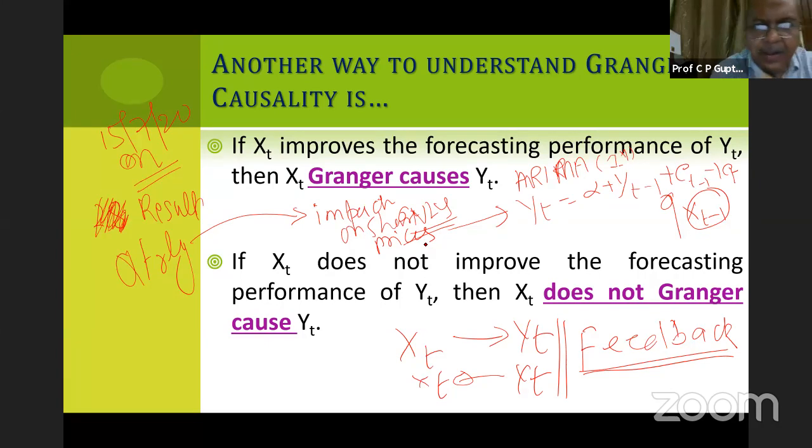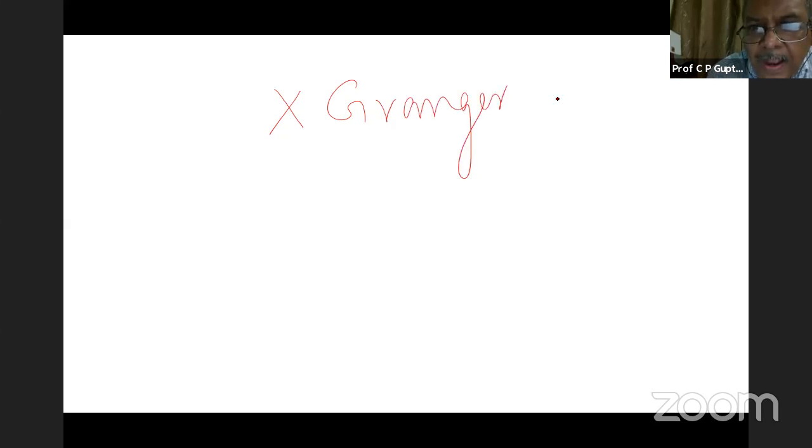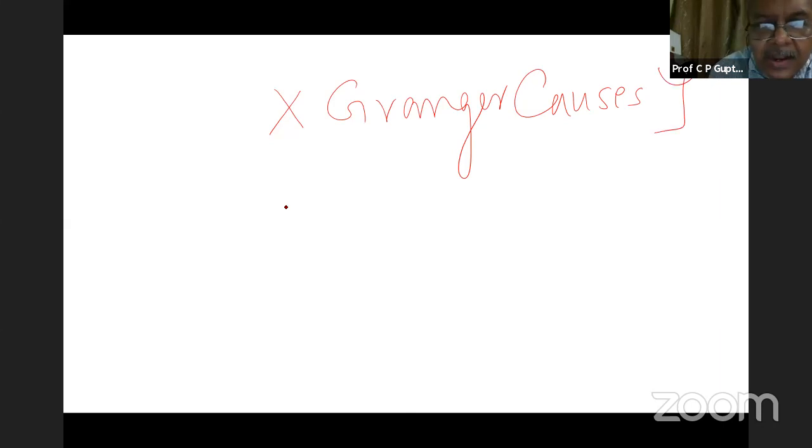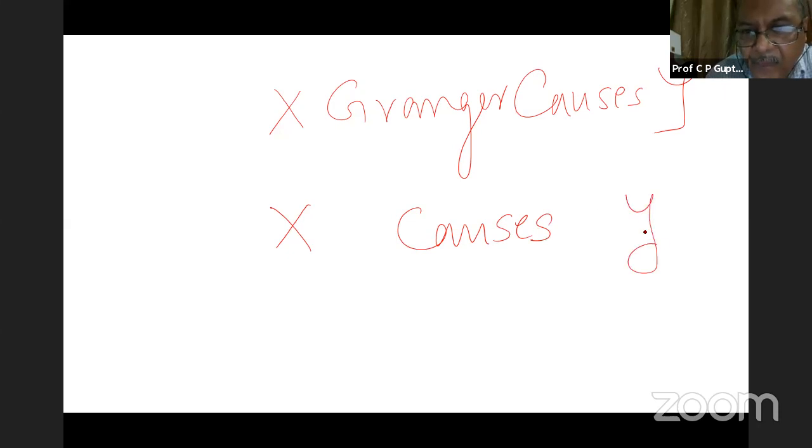Another important question from Ankita. If you say X Granger causes Y, and X causes Y, then is there a difference? I do not know.